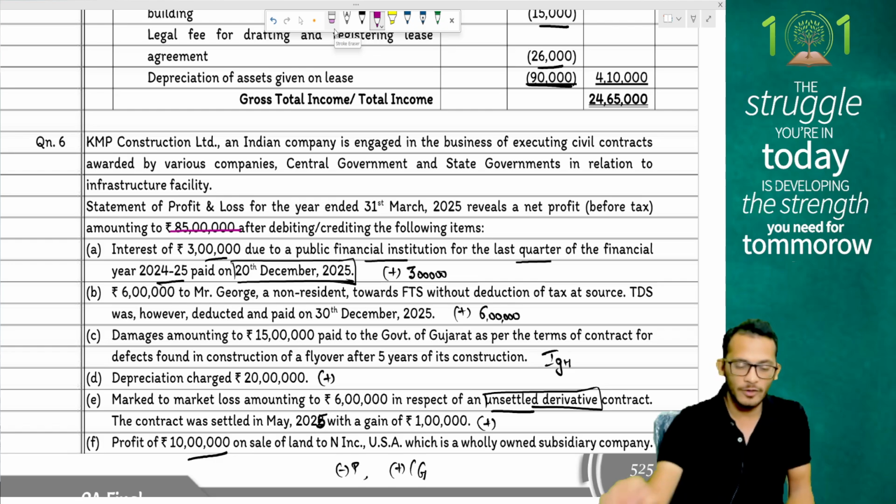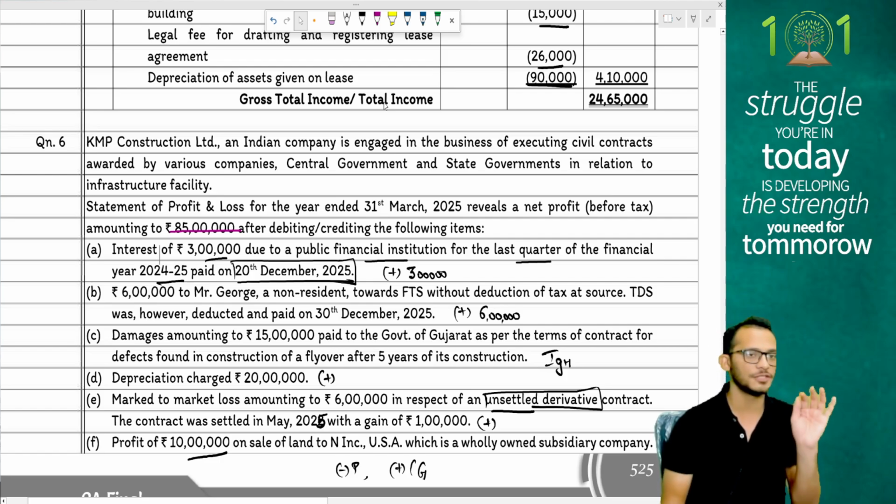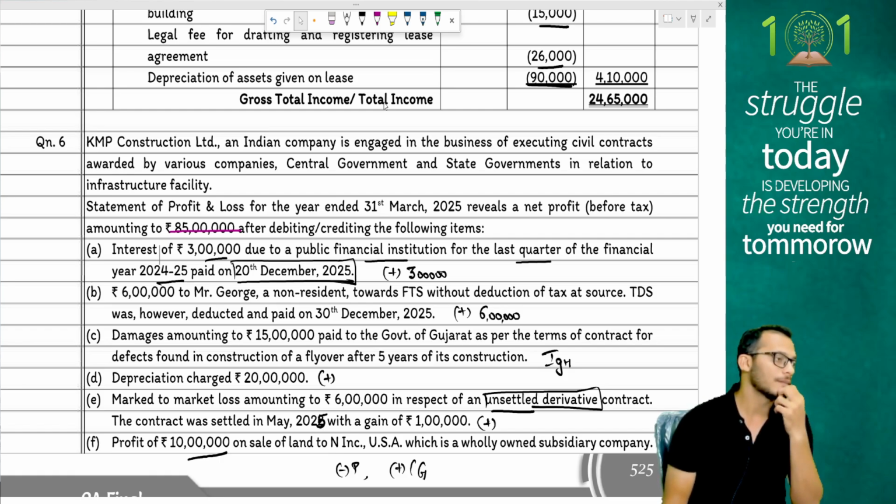Move forward. Point number D. You don't need to put anything here, people. Just put depreciation hyphen disallowed, as to be recomputed as per income tax rules.